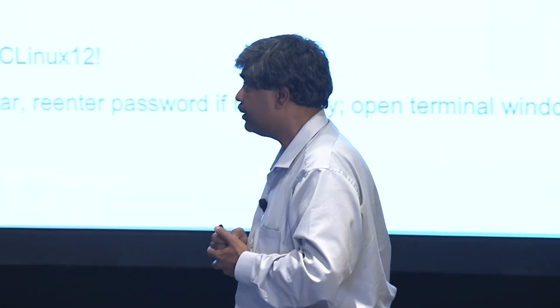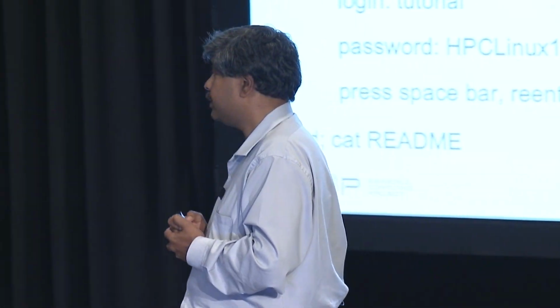Yes, John? Why do you have a separate Tau Python instead of just Tau exec? Because there are some complexities in Python wrapping, and we have tried to encapsulate all of that away by creating this Tau Python tool that creates the wrappers on the fly and then starts the execution.